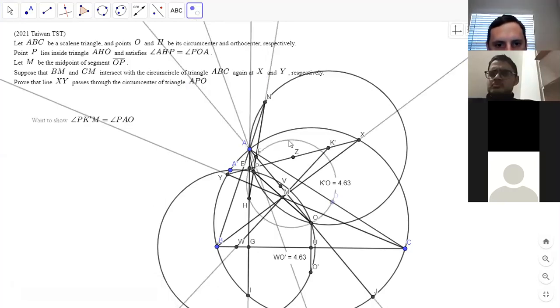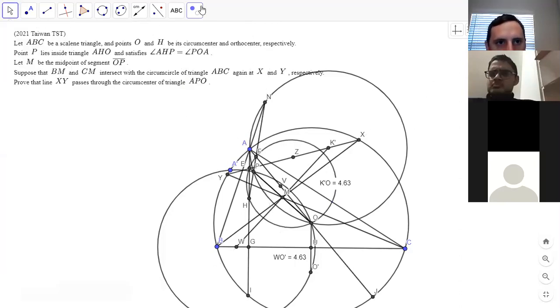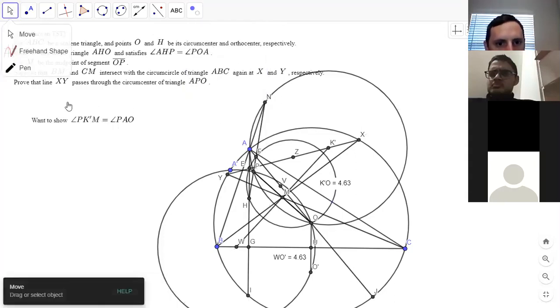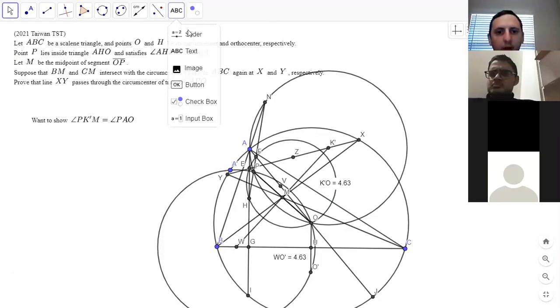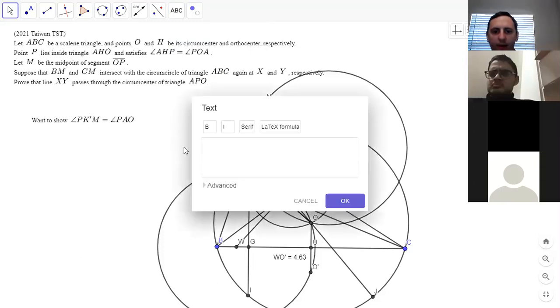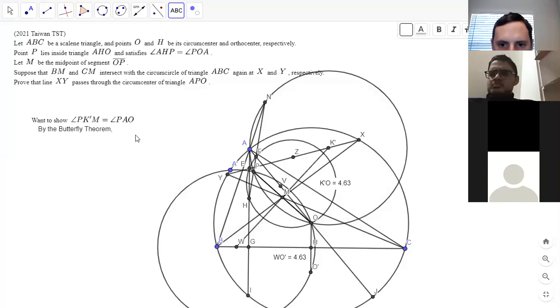Let me unhide this circle, because we end up using it in one of the things you said. Can you write down what we need? I'll start by writing what Melek said. By the Butterfly Theorem, we have K prime M equals MW.